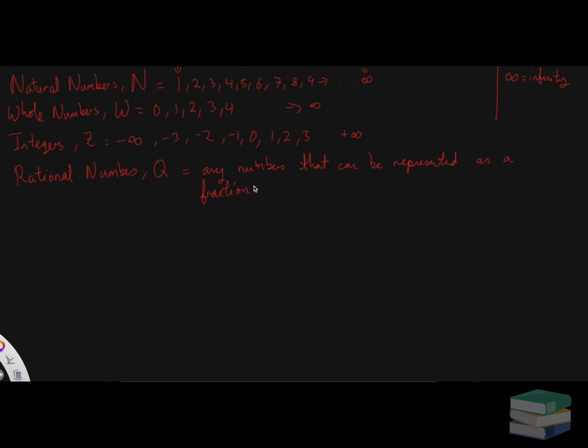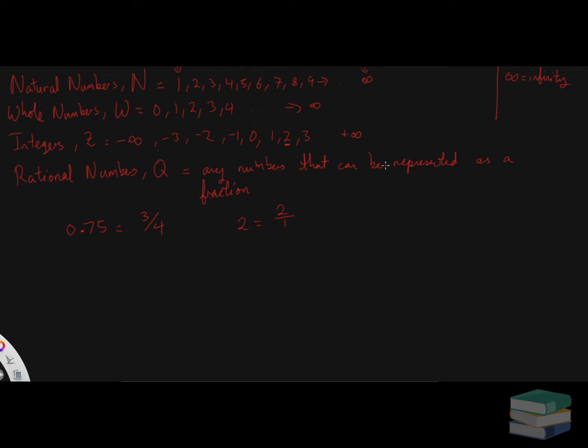Okay, so some examples of rational numbers are, for example, 0.75. 0.75 could be represented as a fraction by 3/4. Also, this number 2 here, that's a rational number, because 2 can be represented as a fraction by 2/1.